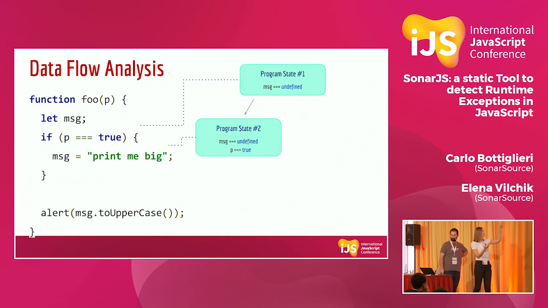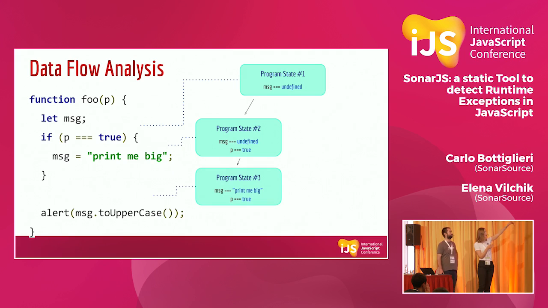If we go inside of the if, we still have message undefined. These small arrows show that we are before the assignment. But we add one more piece of information we know, which is p equal true, because if we are inside of that condition it should be true.